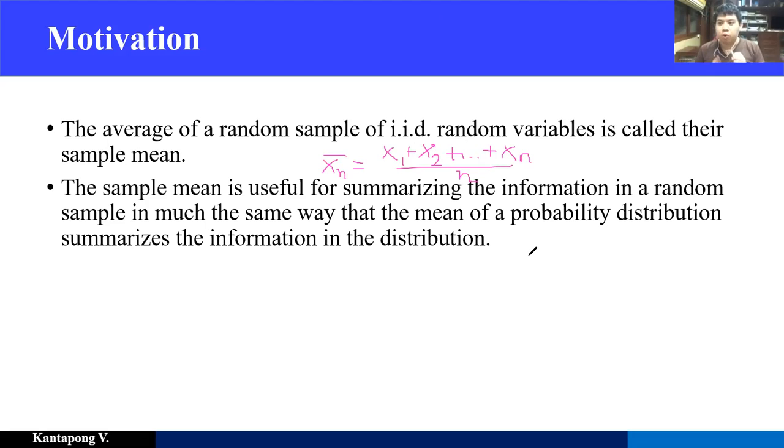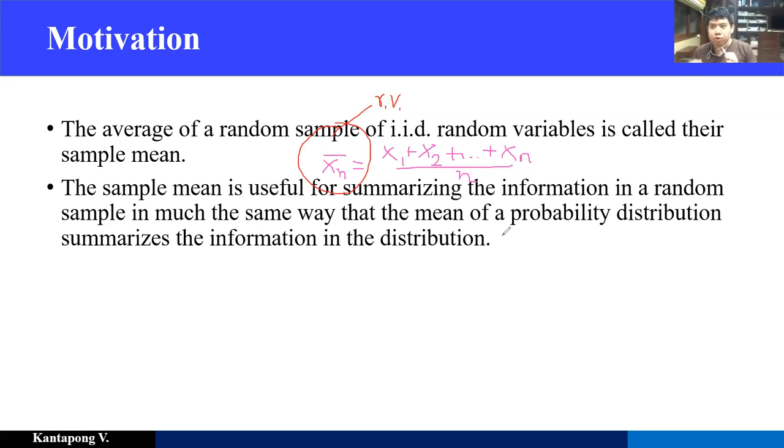If you look at it carefully, X n bar is a random variable too. Why? Because each time you collect a set of n observations, you are going to get a different set of observations, but usually you get only one set, right? Because you combine all of the available information into your study.